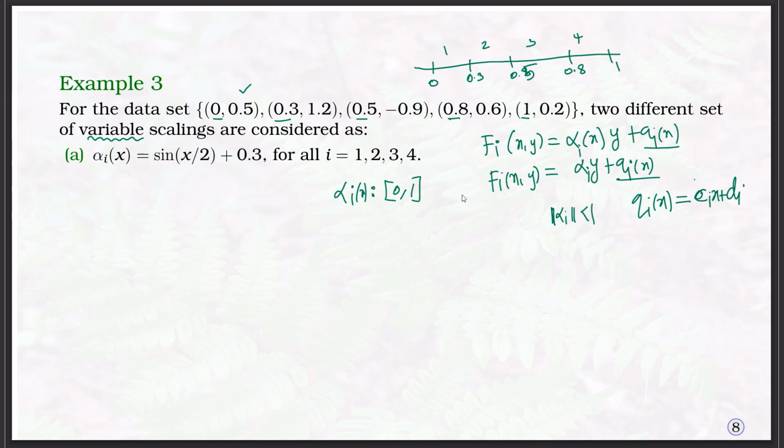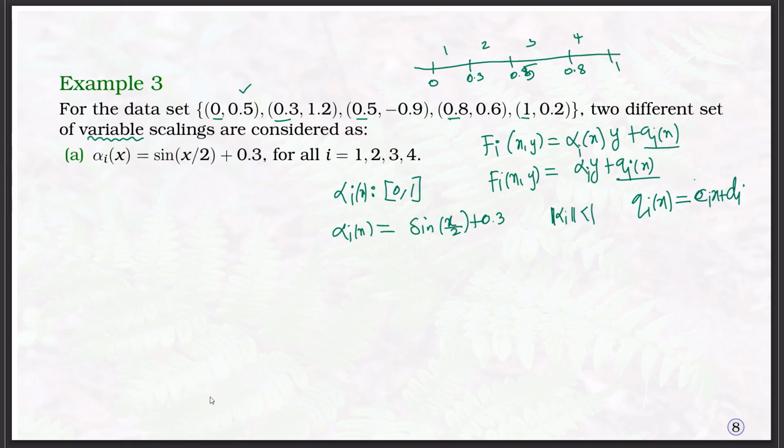Now we select the first set of scaling factors alpha_1, alpha_2, alpha_3, alpha_4, all as alpha(x) equal to sin(x)/2 plus 0.3. This function over this domain is less than 1. If you find the norm, it is less than 1. Now on each interval, this is the function that will act.